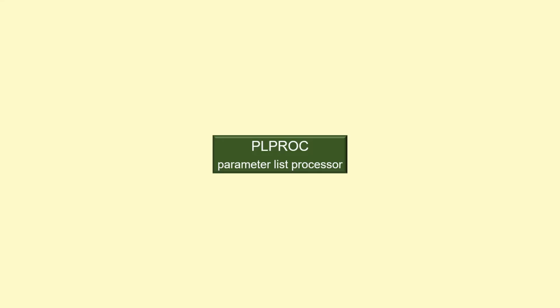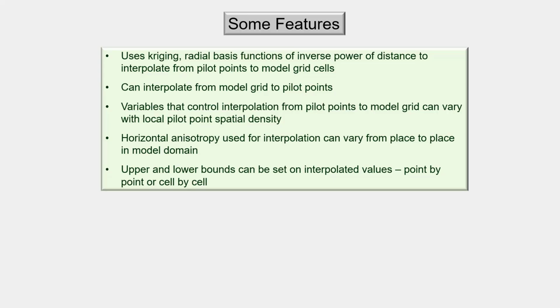So now let's say a few words about PLPROC. PLPROC, as stated before, stands for Parameter List Processor. PLPROC can undertake interpolation from pilot points to a model grid using a variety of different mechanisms. The most used are kriging and radial basis functions, but it can also use inverse power of distance.